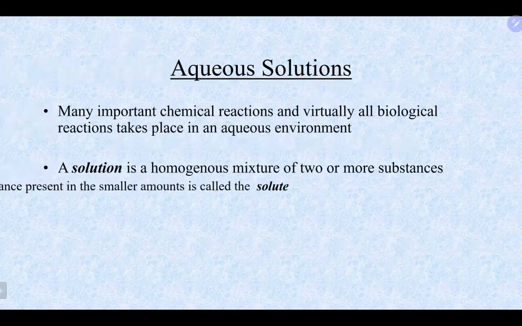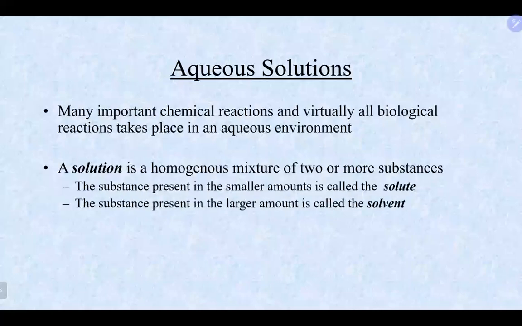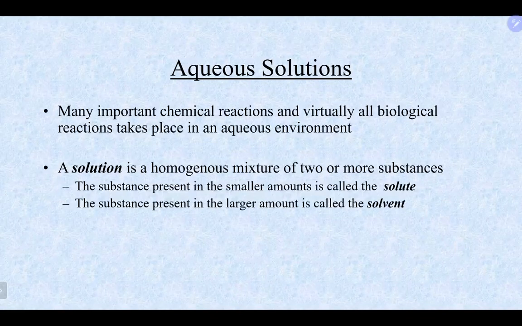When we talk about aqueous solutions, a solution really is a homogeneous mixture of two things. One part of a solution is known as the solute, and that is the smaller part of the solution. In my sodium chloride example, the sodium chloride would be the solute.